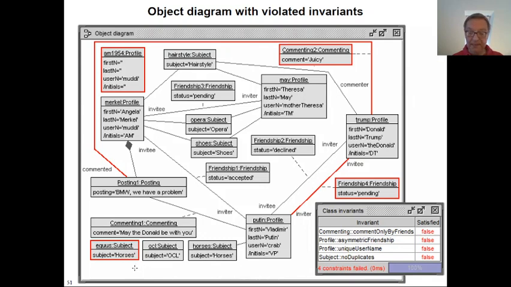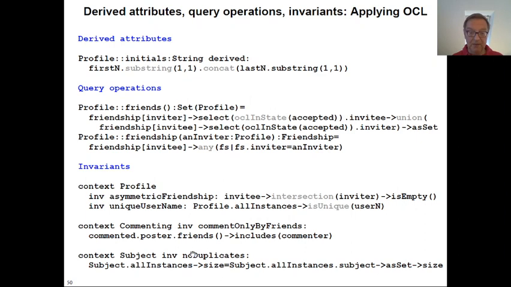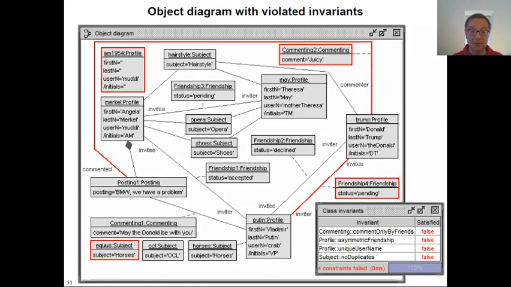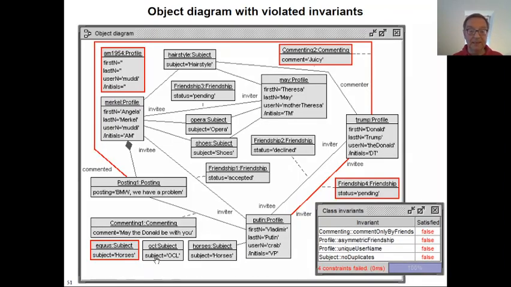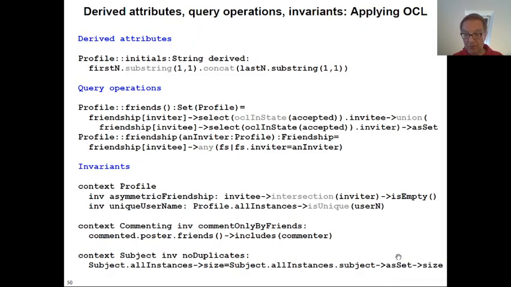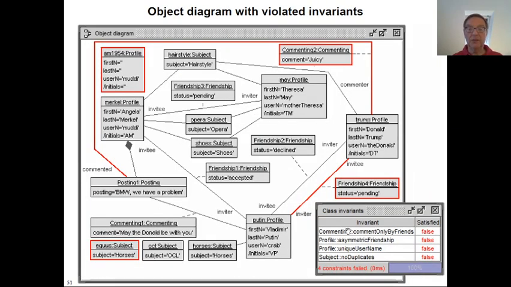So the counting, exactly this counting on the left hand side will yield 6 in this example, and the counting on the right hand side, because I'm removing here the duplicates in the strings, in the subject attribute, the counting here on the right hand side will yield 5, because the duplicate appearance of horses will be removed by this asSet operation.